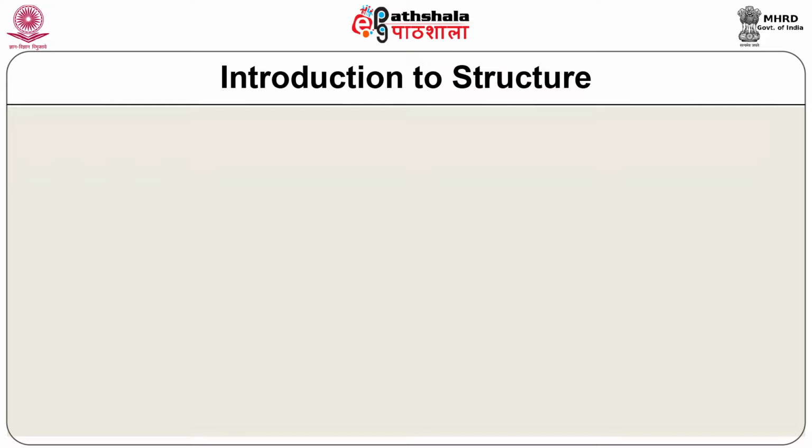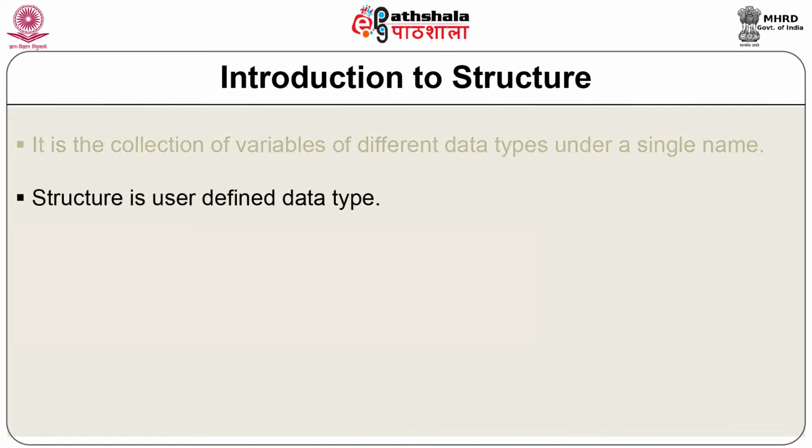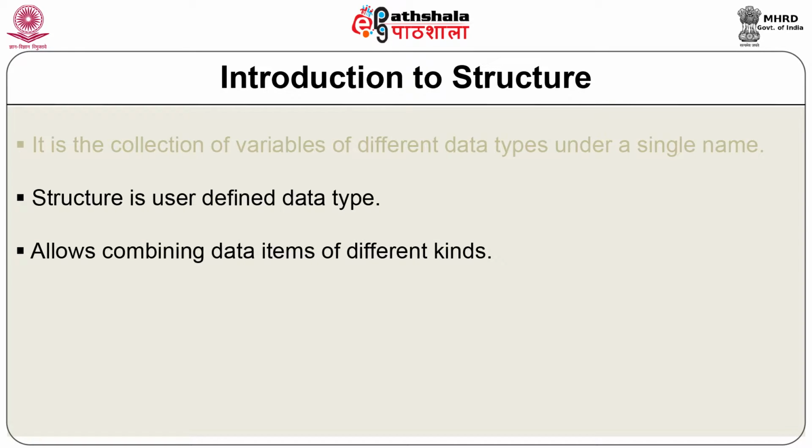We can say a structure is a collection of variables of different types under a single name for better handling. Similarly, a structure is another user defined data type available in C that allows combining data items of different kinds.